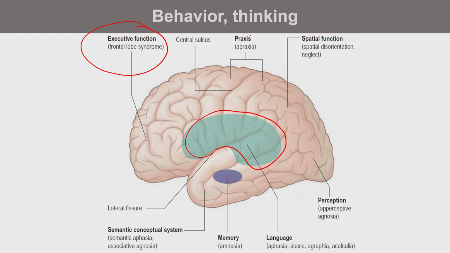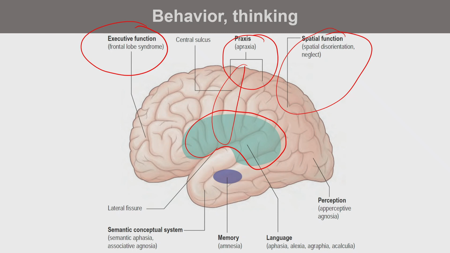So then we have apraxia. Praxis is something which is motor related and also motor control related. So when I have this problem here, I'm not able to make a voice. And then here is also spatial disorientation, spatial problems which are called neglect or alien limb.